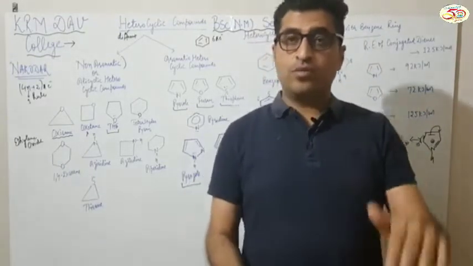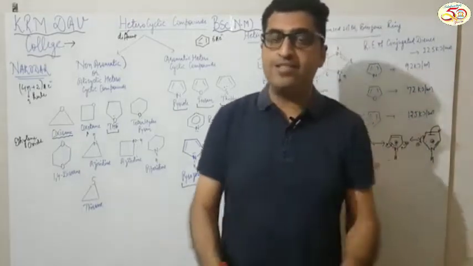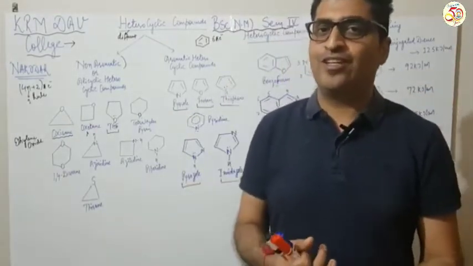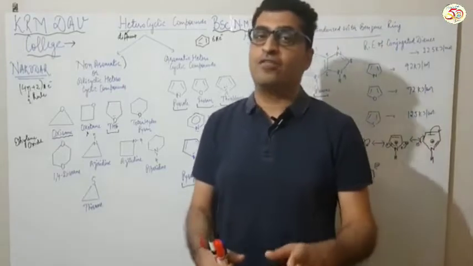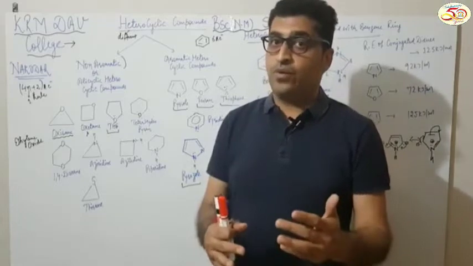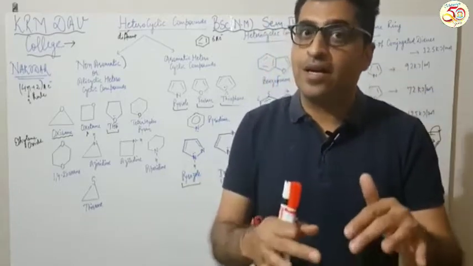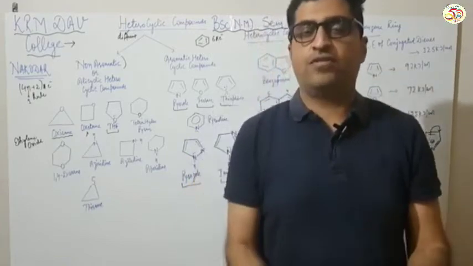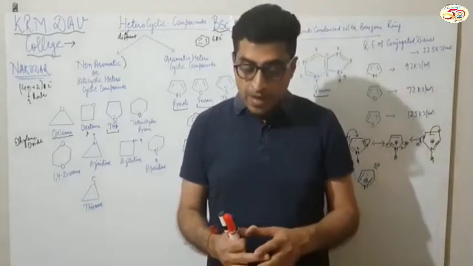Since electrophilic substitution reaction is favorable in benzene, it is damn clear that this substitution is again a characteristic feature of heterocyclic aromatic compounds. Why? Because we are talking about aromatic compounds, and electrophilic substitution is a characteristic feature of aromatic compounds.